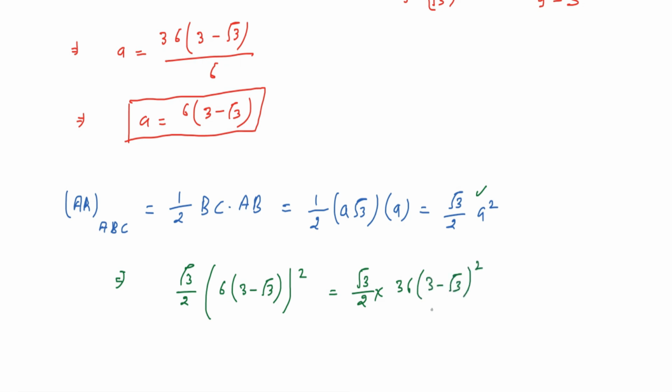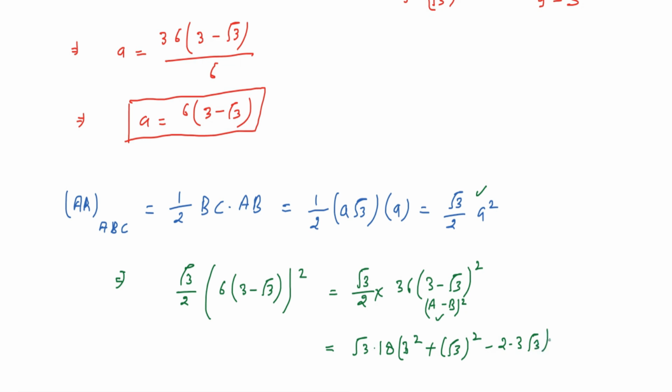So if we use the identity a minus b raised to 2, it can be written as a square plus b square minus 2ab. So it can be written as square root of 3 times, and when 2 divides 36 it will become 18. So the resultant will be square root of 3 times 18, and here we will be using this identity. So it can be written as a square, that will be 3 square, plus b square, that will be square root of 3 raised to 2, minus 2ab, that will be 2 times 3 square root of 3.